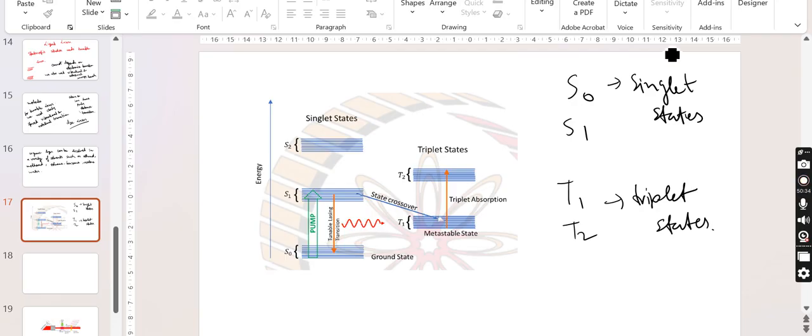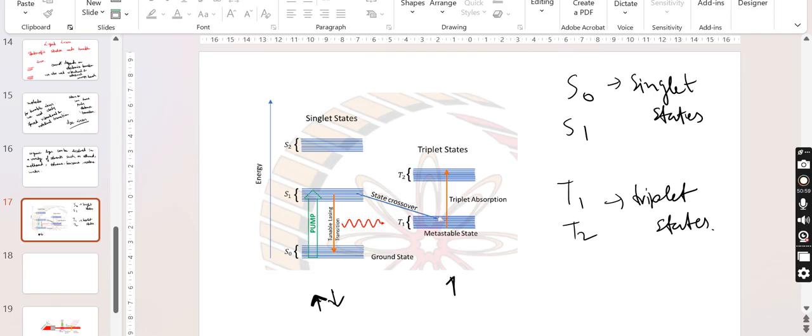Basically there the electron orientations are in opposite directions. When I say electron orientation, they are basically the spin of the electron. The orientations are in the opposite way, and they cancel each other.